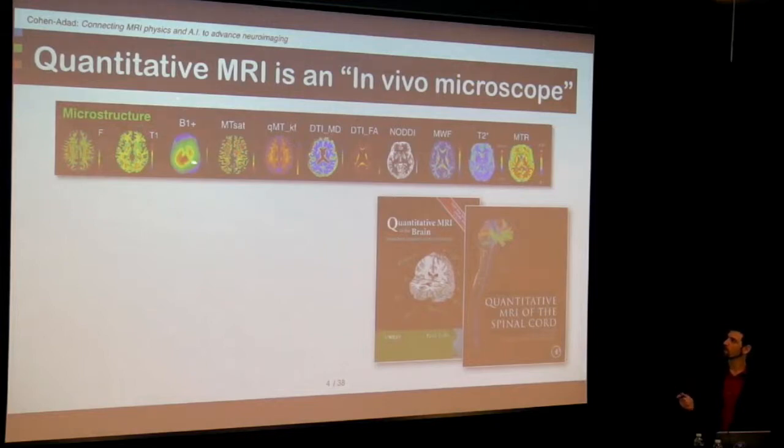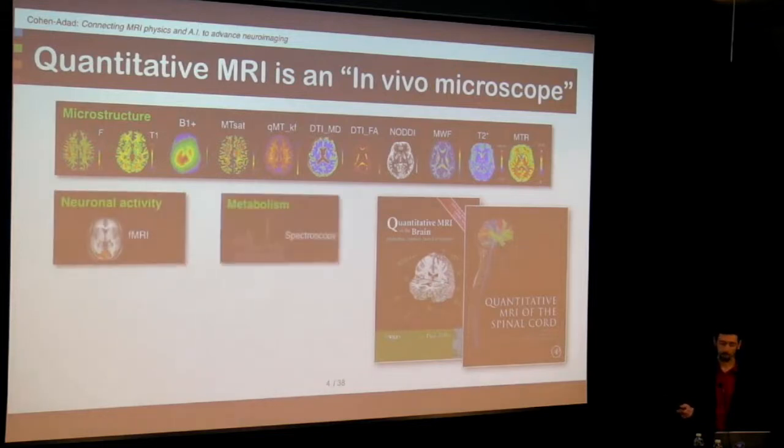There are a lot of techniques based on the diffusion of water molecules, based on the energy spectrum of the macromolecules. And through those techniques, we can have some information about, for example, the density of the neurons. And there are some biophysical models that are behind those techniques.